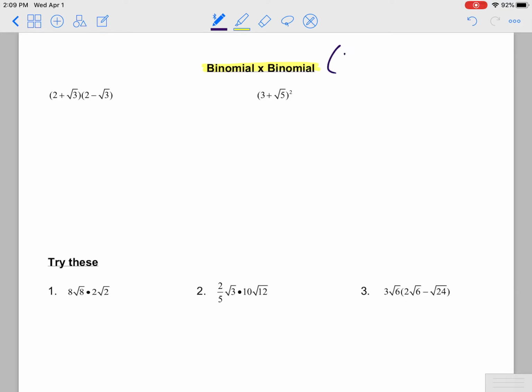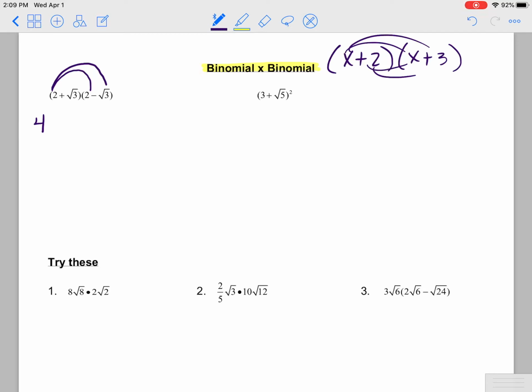All right, last section. Binomial times a binomial. So these are going to be the ones that look like these kind of examples. In the past, you would do your double distributive property. You'd simplify. Same thing we're going to do here. So you're going to take the numbers in the front and multiply them. Then you take that first number and you're going to multiply it to the back.